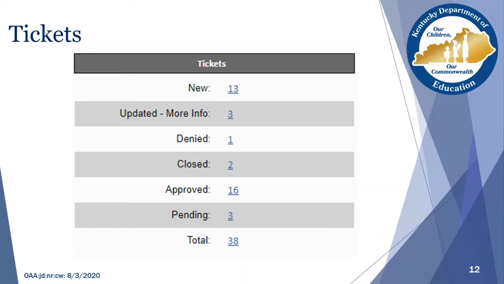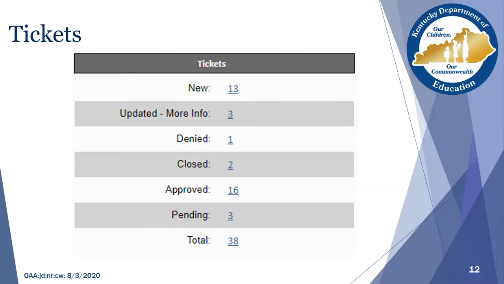Your approved tickets will show you all the ones that we have approved for your schools and districts. And then pending. Pending means that you're waiting on OAA, because you've either submitted some 100-day changes to your students, or you filed some non-participation reasons why.